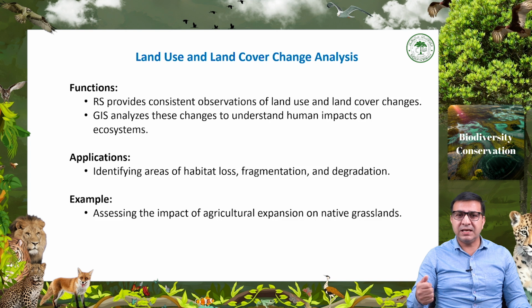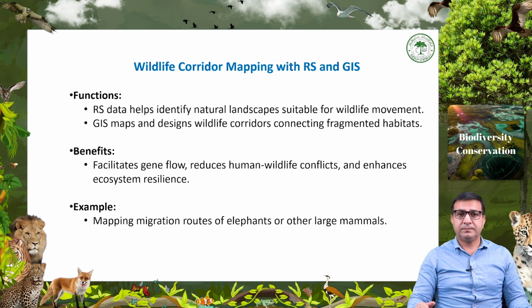For example, RS and GIS can assess how agriculture expansion is fragmenting native grasslands, leading to the loss of critical habitat for species depending on grassland habitats. Thus, land use planning is of great importance in biodiversity conservation for ensuring that development is sustainable and minimizes harm to ecosystems.